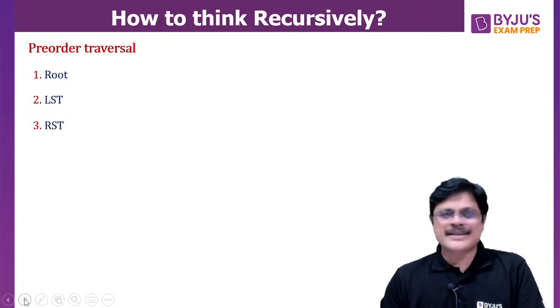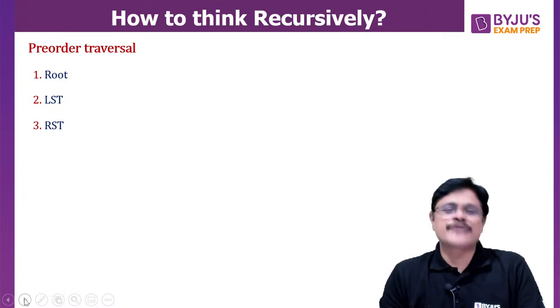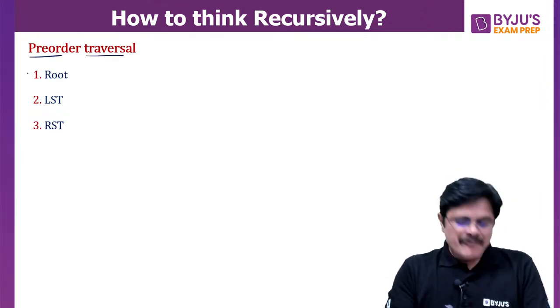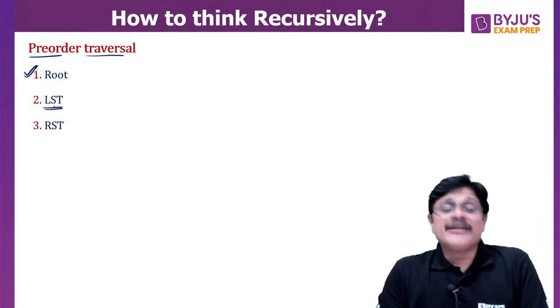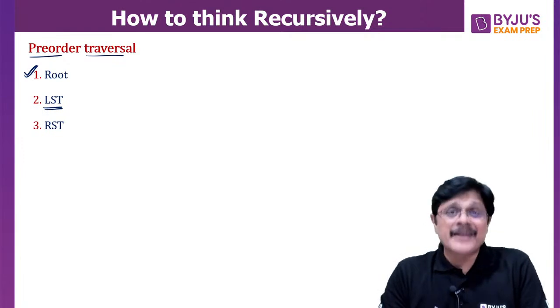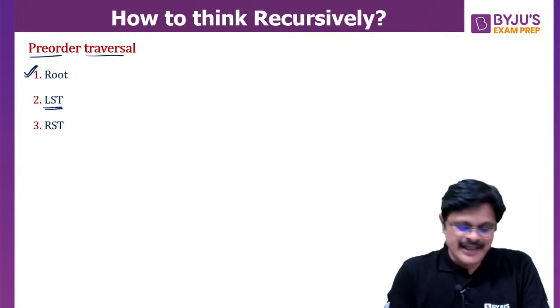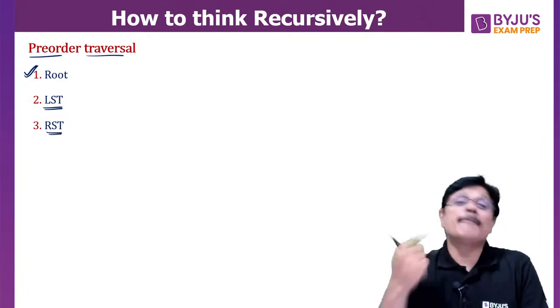Even this traversal can be understood recursively. First I'll tell you how you can traverse without using any shortcut technique. Then we will see a shortcut technique for doing this traversal. Pre-order traversal means first we visit the root, then we visit the nodes of the left subtree recursively in pre-order manner, then we visit the nodes of the right subtree recursively in pre-order manner.